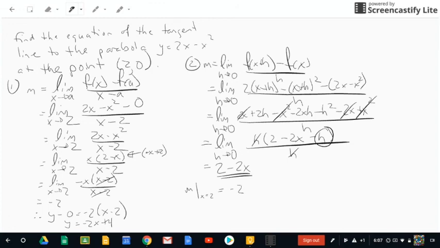So we can see right there that the slope is negative 2. And just like we did previously, we would work this out really quickly to get that our tangent line would be the line y equals negative 2x plus 4, just like we did in the previous method that we used.